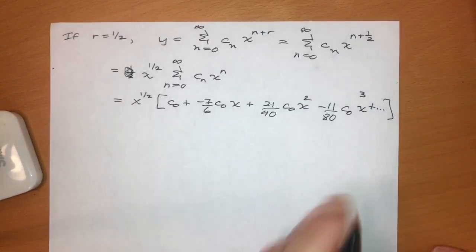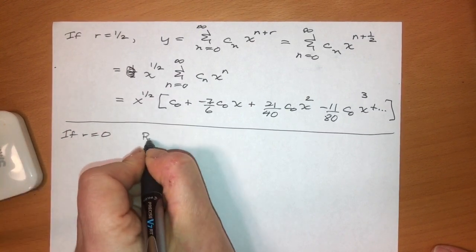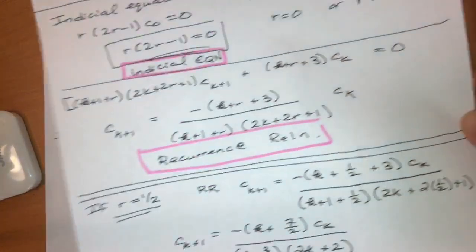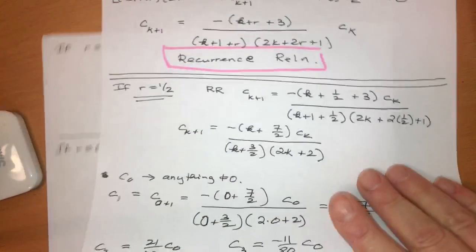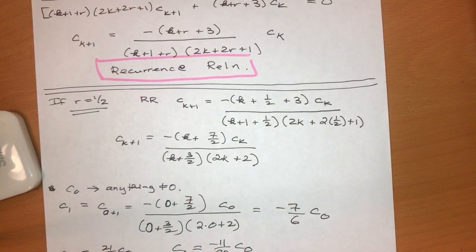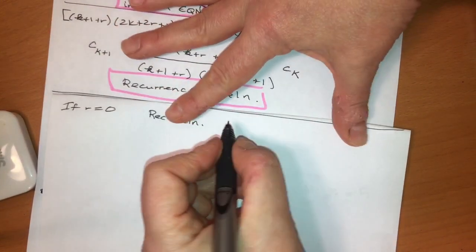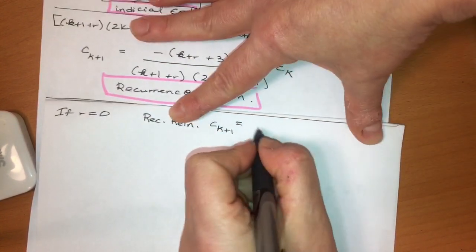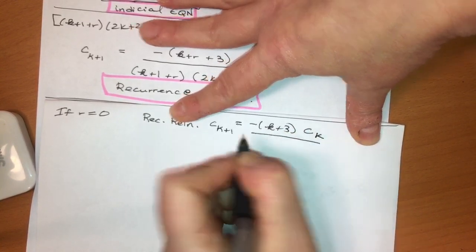If r equals 0, then your recurrence relation becomes, here's the recurrence relation. So you'll plug 0 in for the r here, and the recurrence relation will be C sub k plus 1 equals minus k plus 3 C sub k over, let's see, what are we going to get down there?